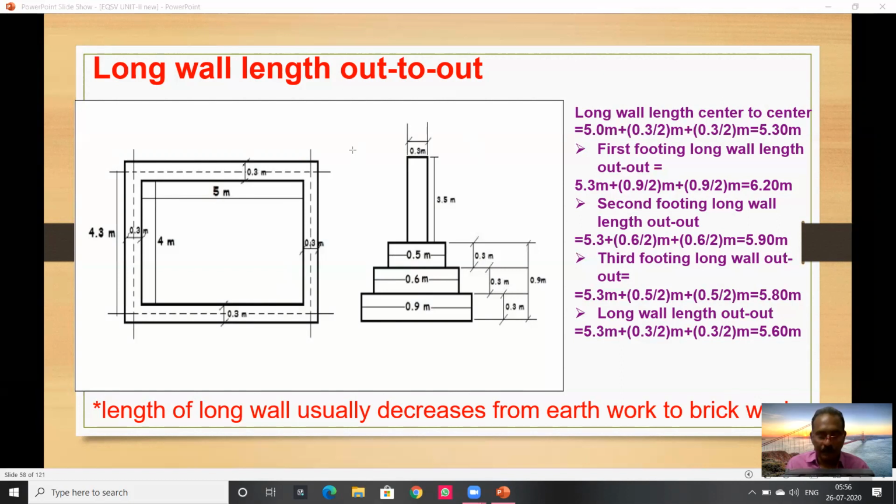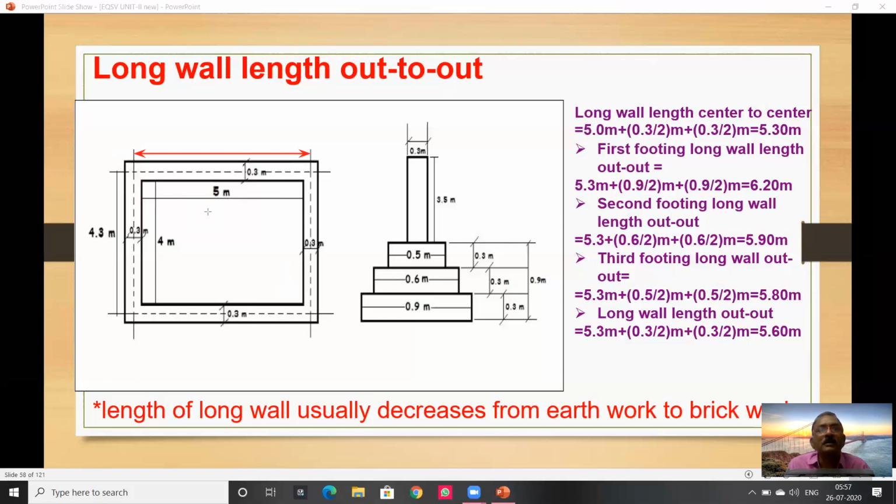In the problem, you have to calculate the center to center length of the long wall. Here the clear length is given as 5.3 meters, and we have to calculate from center to center. What is the basic principle?